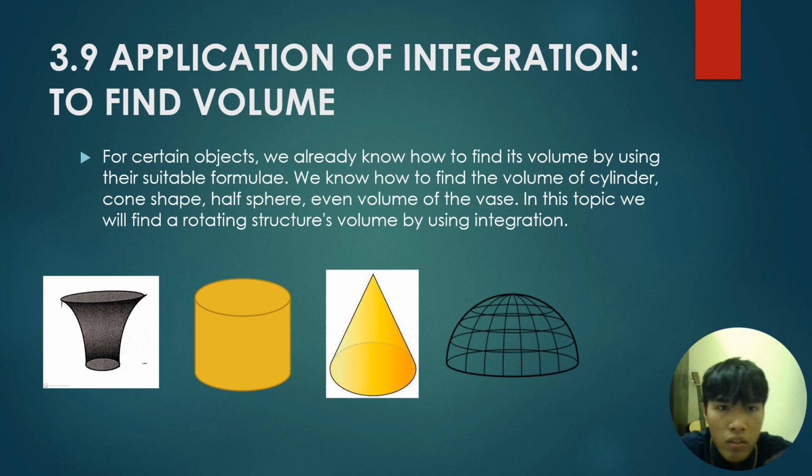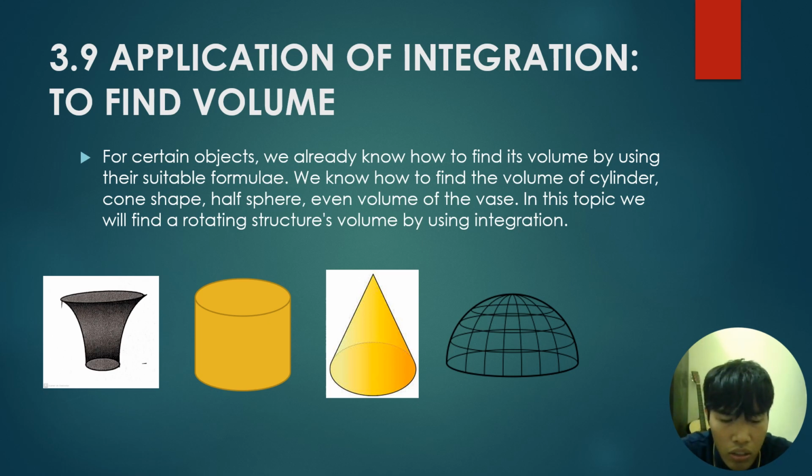Okay, my topic for this presentation is 3.9, application of integration to find volume. For certain objects, we already know how to find volume by using their suitable formula. We know how to find the volume of the cylinder, the cone shape, the half sphere, even the volume of the vase. In this topic, we will find a rotating structure's volume by using integration.